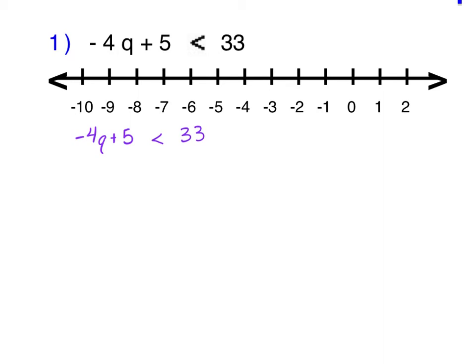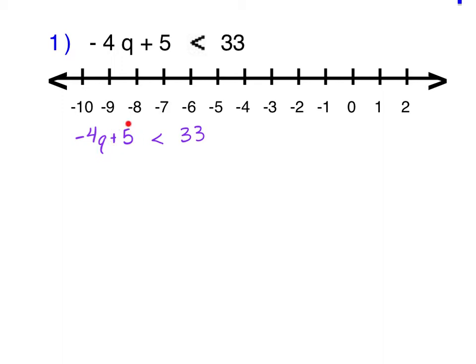So here we go. For the first one, we see negative 4q plus 5 is less than 33. The first thing you need to do is work on the side of the variable, in this case q. This is negative 4 times q, and then you're adding 5.